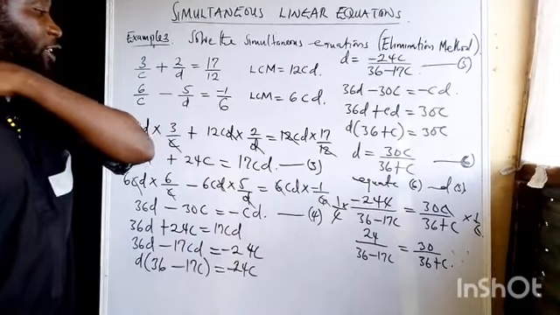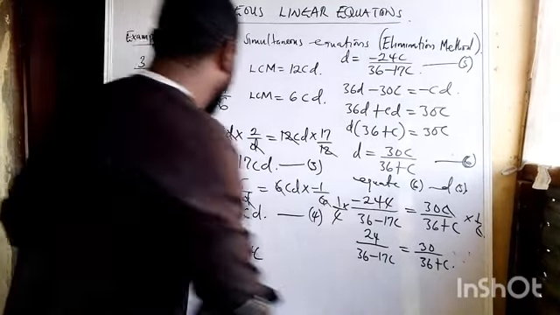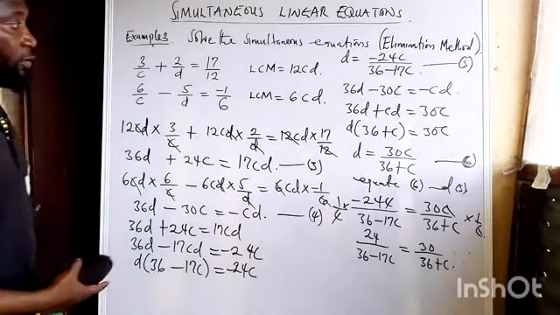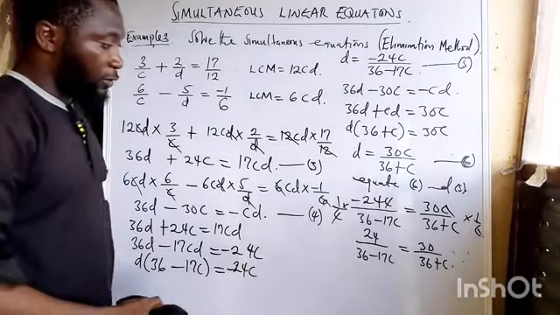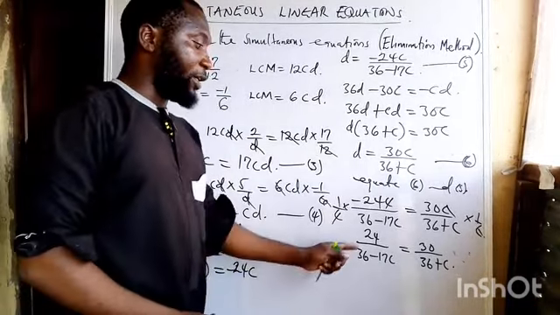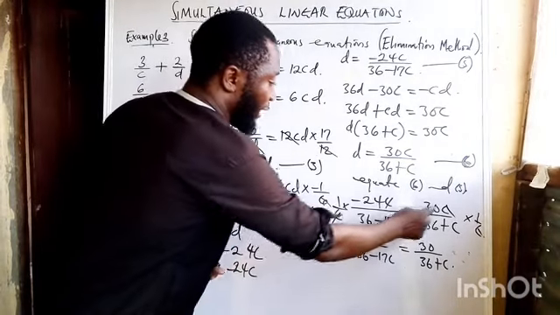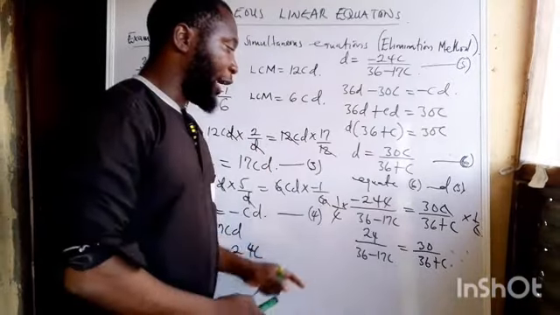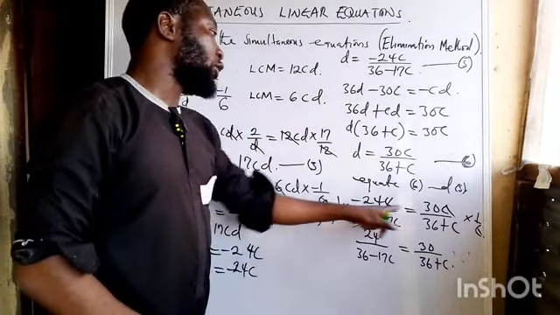So we can still further reduce this, but let's look for space. What I just observed, aside from the letter C that can divide both sides, 6 can also divide both sides.